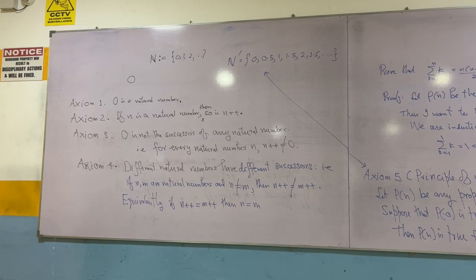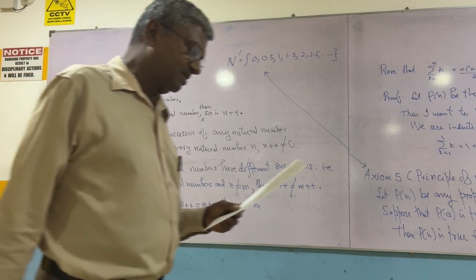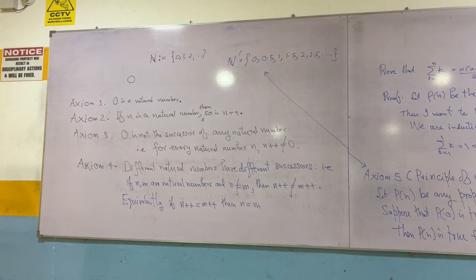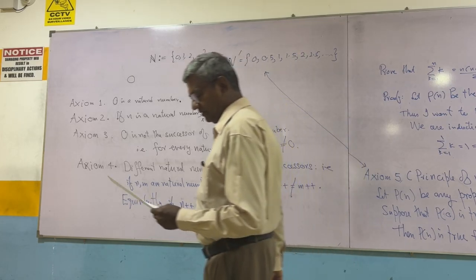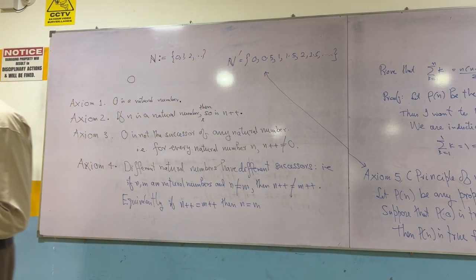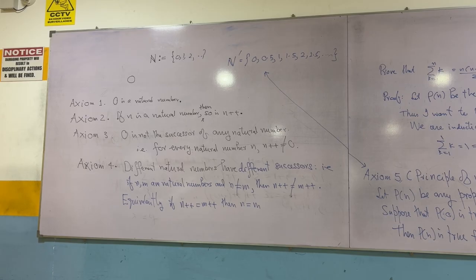It is an assumption. There exists a natural number system N whose elements are all natural numbers for which axioms 1 to 5 are true. So we are assuming that there is such a thing. We will refer to this number system N as the natural number system. Of course, there could be more than one natural number system.